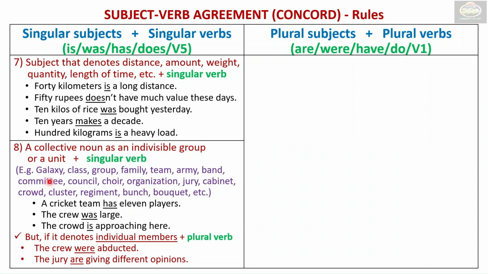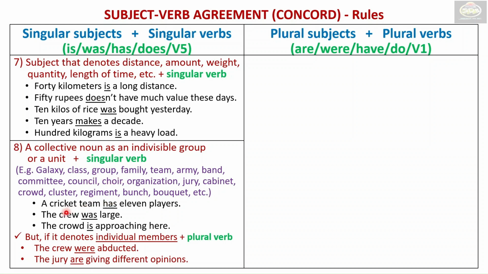Examples: galaxy, class, group, family, team, army, band, committee, council, choir, organization, jury, cabinet, crowd, cluster, regiment, bunch, bucket, etc. These all are collective nouns. Now if these nouns come as a whole unit, in such situations we have to regard them as singular subjects and we have to use singular verb.